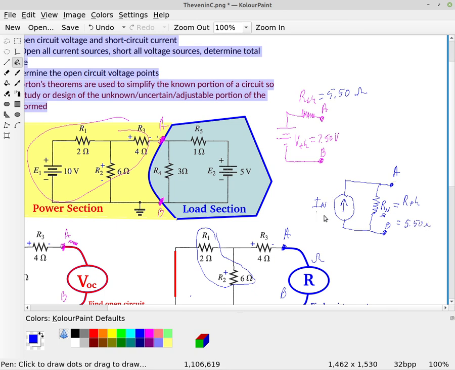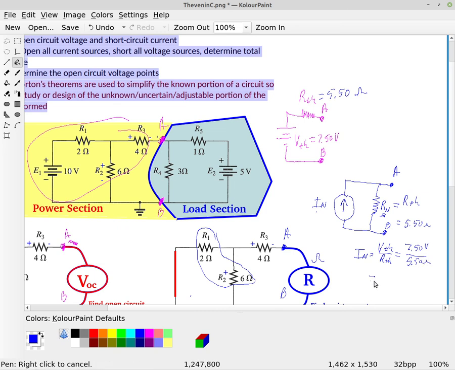And then for the current, we basically use Ohm's law. I Norton is equal to V Thevenin divided by R Thevenin, which of course is also R Norton. V Thevenin was 7.50 volts, and R Thevenin is 5.50 ohms.